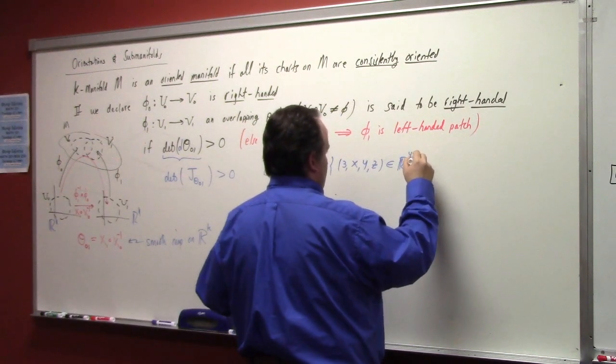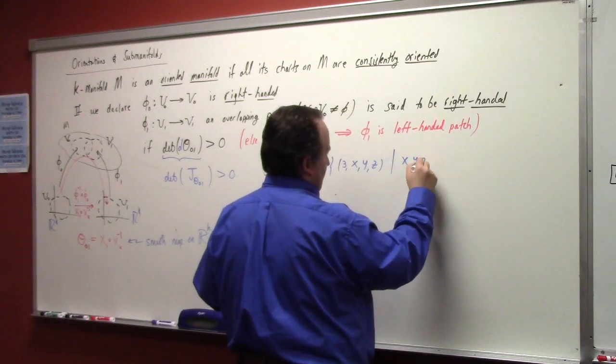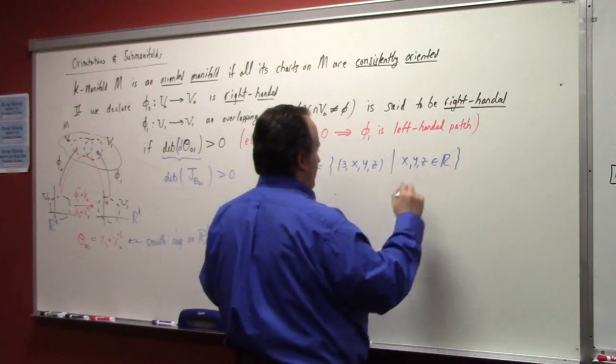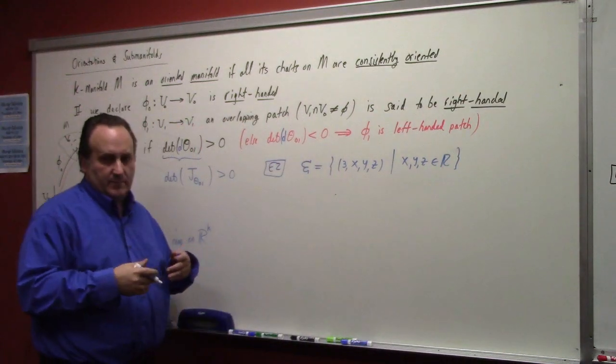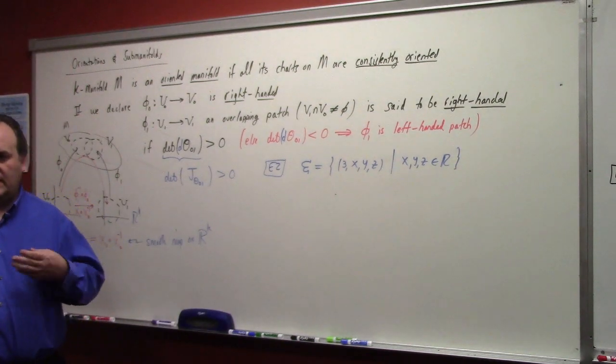I guess I could just say (x, y, z) such that x, y, z are real. There we go. So that's a three-dimensional manifold that's sitting inside R^4.